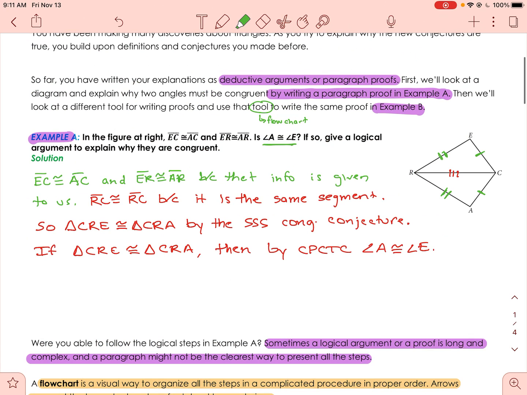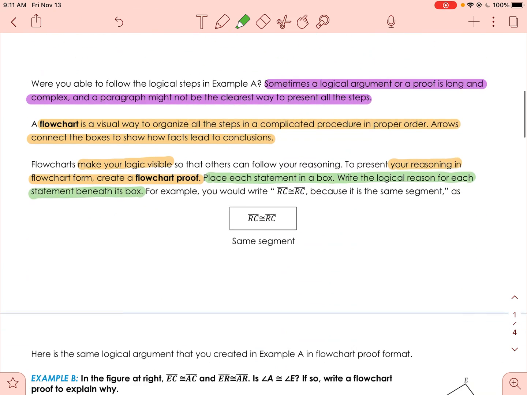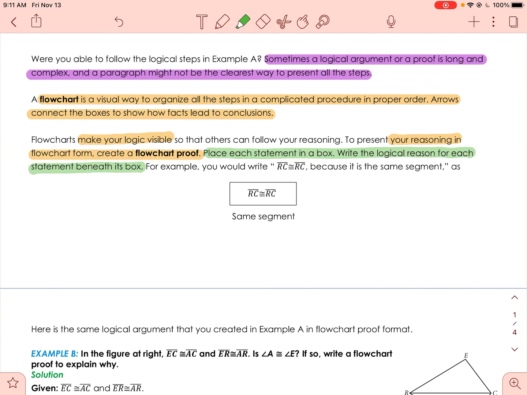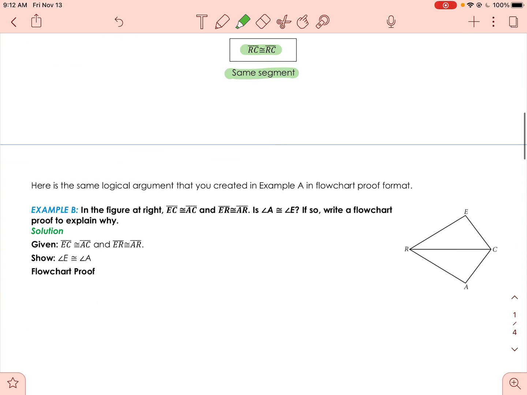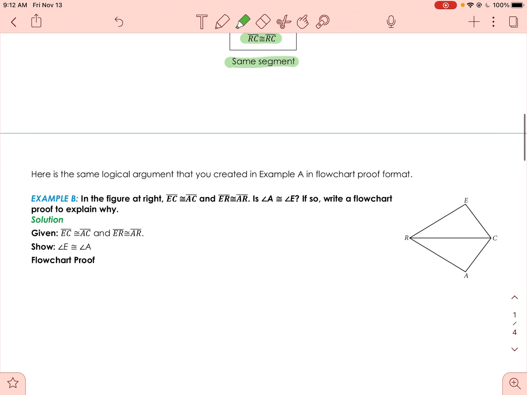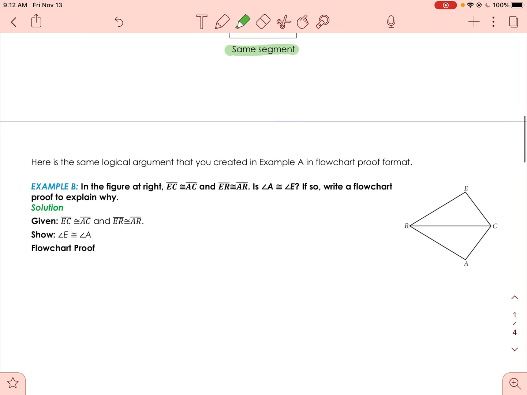So up here, when we said RC is congruent because it is the same segment, you'd put RC is congruent to RC in a box, and underneath it you write your reasoning: it is the same segment. So we are going to write that proof in our flowchart.